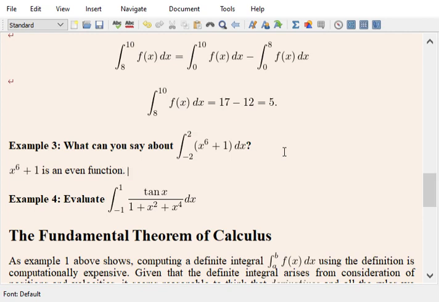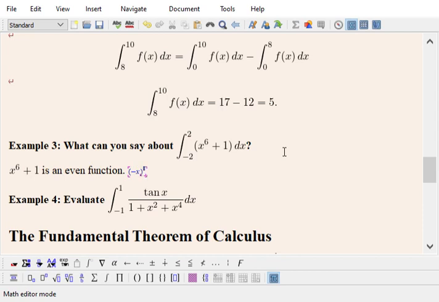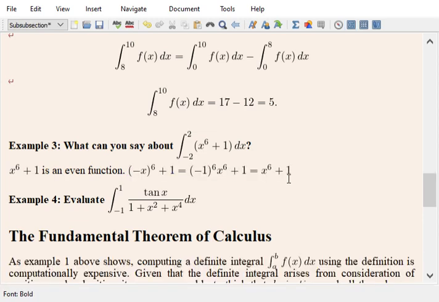So, like I said, that means that if you plug in negative x instead of positive x, it eats the negative sign. So let's see. Well, here we have -1, right? I can write this as -1 to the power 6 times x to the power 6 plus 1. Well, -1 to any even power is just 1. So really, that bit there just disappears. So indeed, it eats the negative sign. Plug in a negative sign, and it's the same as if it wasn't there at all.